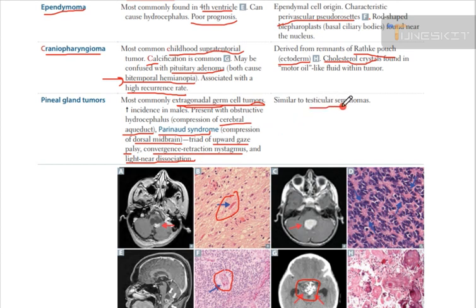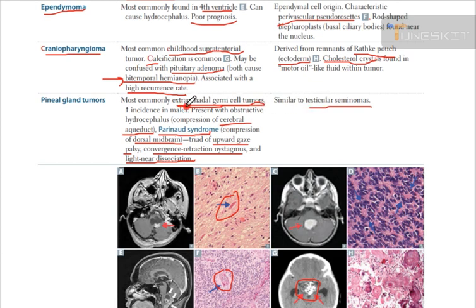It is similar to testicular seminoma, a pineal gland tumor. Testicular seminoma is also present only in males, so we can relate both of these tumors.